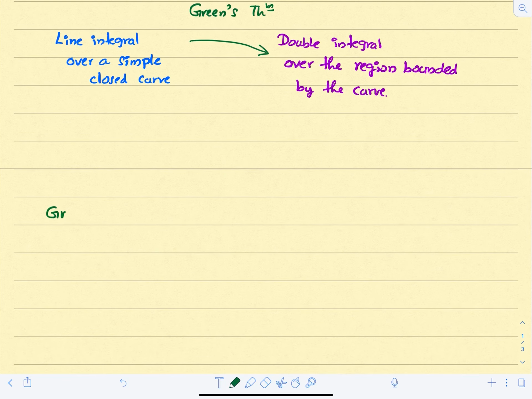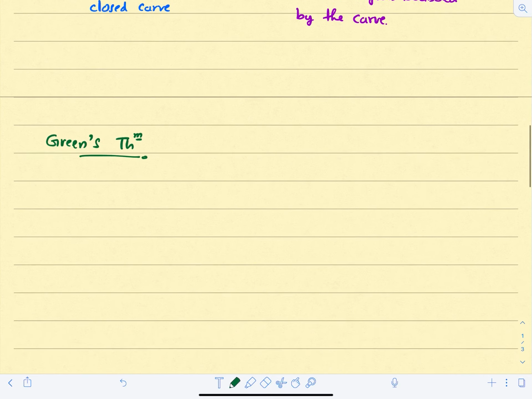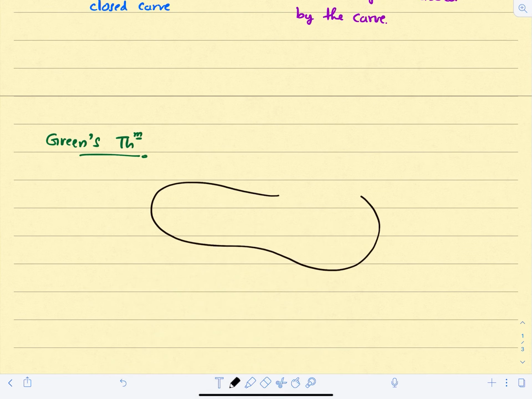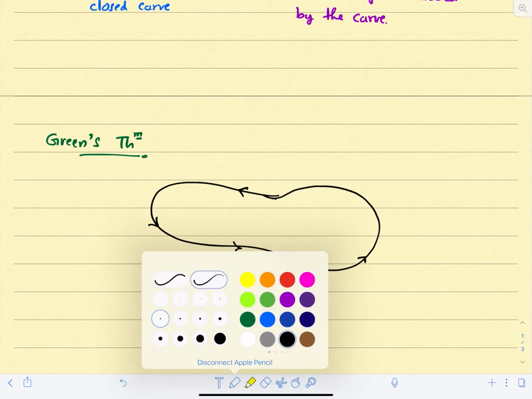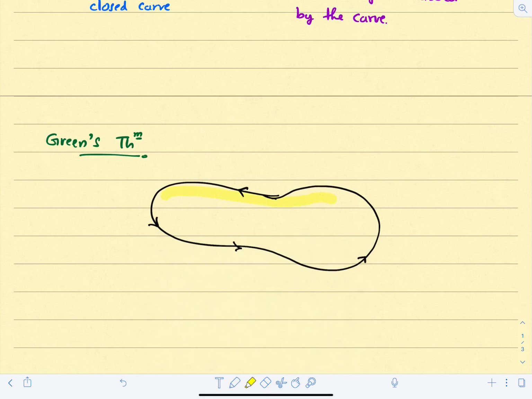Let's state Green's theorem. It's very simple, but it's a very powerful theorem. Let's say we have a closed bounded domain, a positively oriented closed curve, and a region D bounded by this curve.